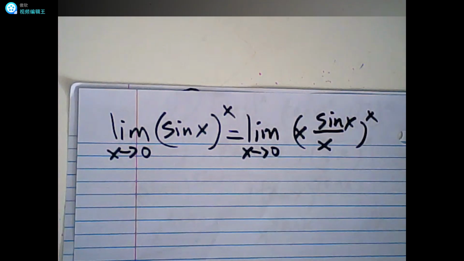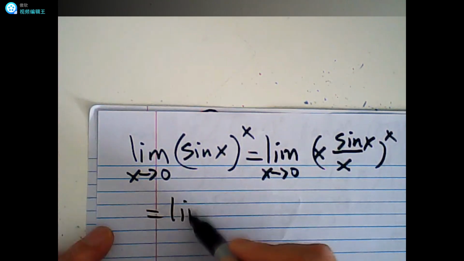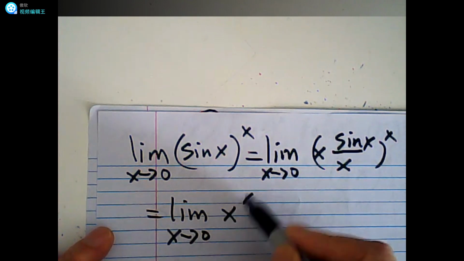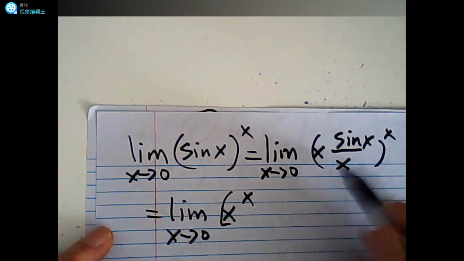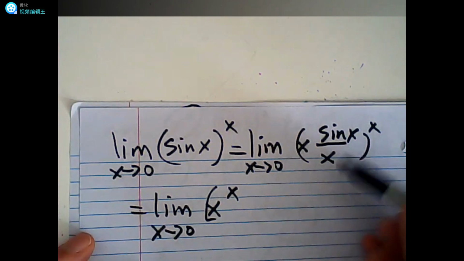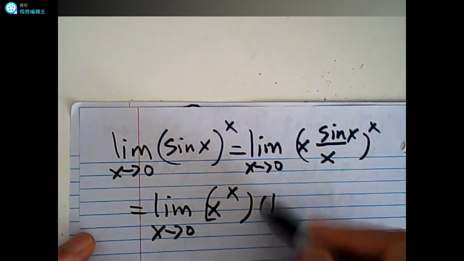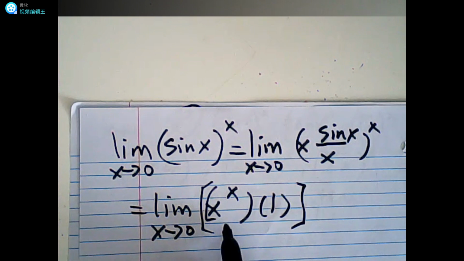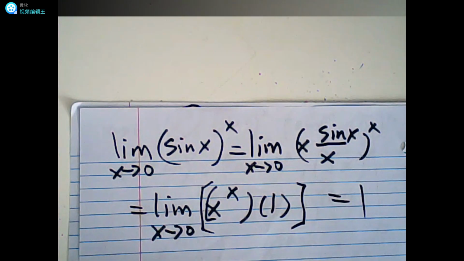So this is equal to the limit as x goes to 0 of x to the x, multiplied by, as x goes to 0, this is 1, so times 1. And this one is considered a basic formula. So this is 1, you see?